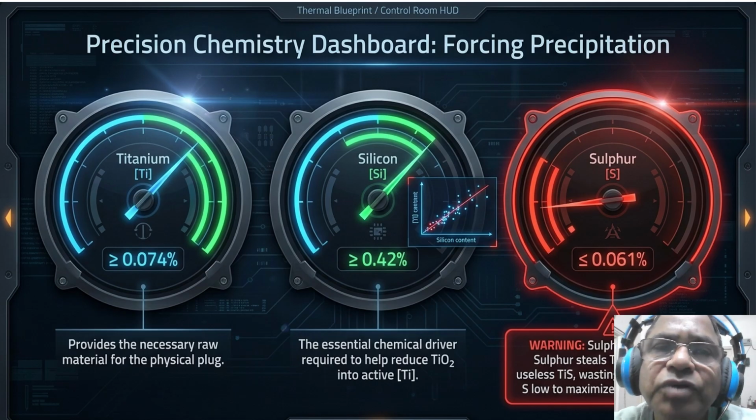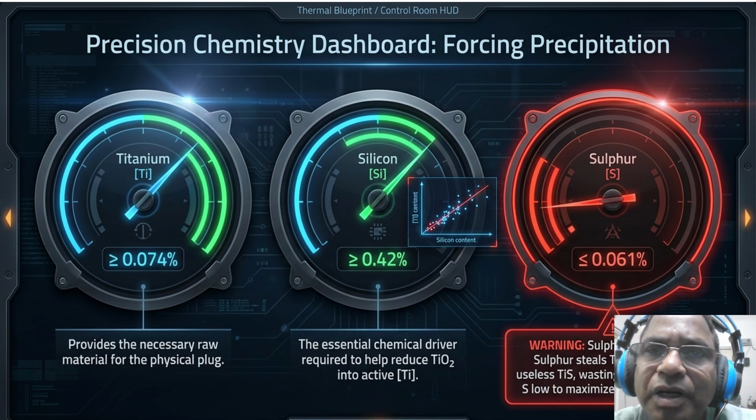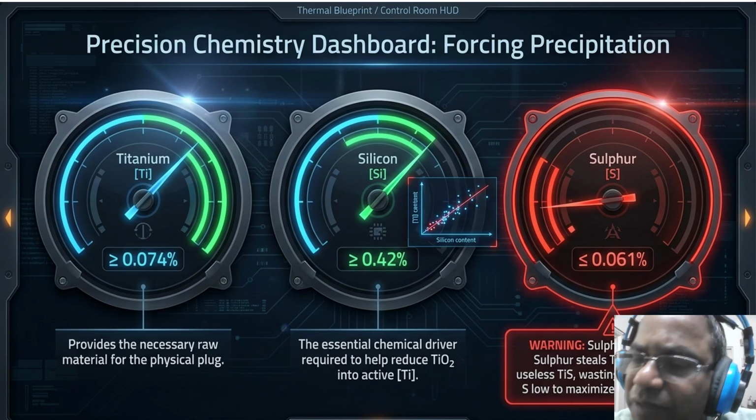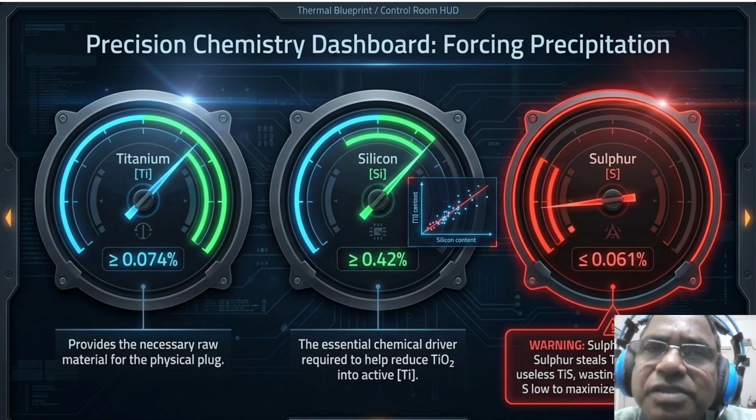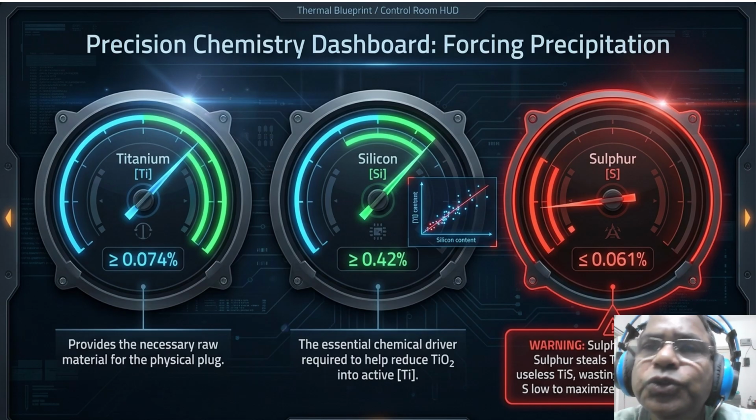On the left, our titanium gauge indicates we need at least 0.074% Ti to provide the raw material, as we have already discussed in earlier presentations. In the center, the silicon gauge shows our essential driver. We need 0.42% silicon to help reduce TiO2 into the metal.